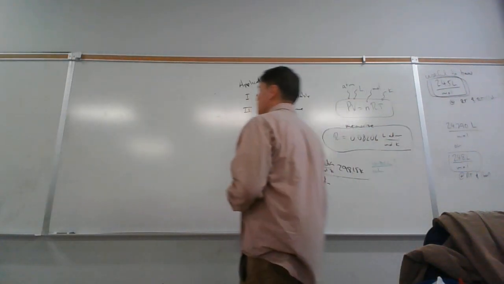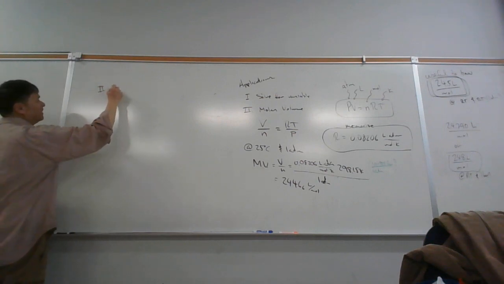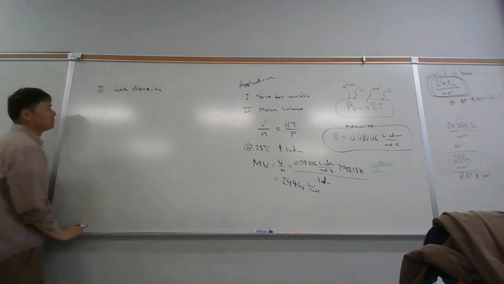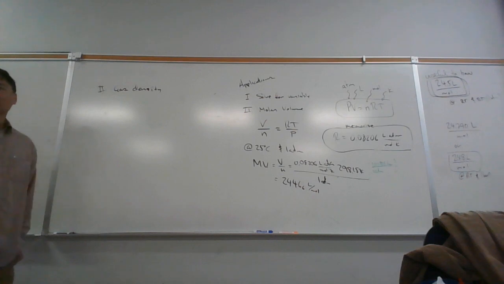The other application for this is density. This is pretty useful too. Like, what is the density of air? We can measure it, but why measure it if you can just go ahead and calculate it? It's such a simple calculation.